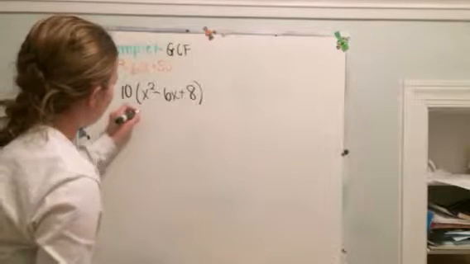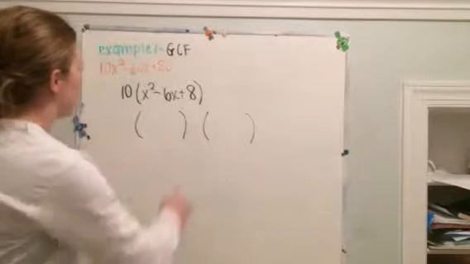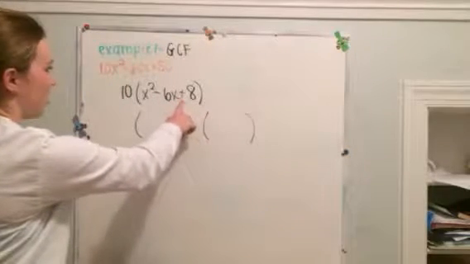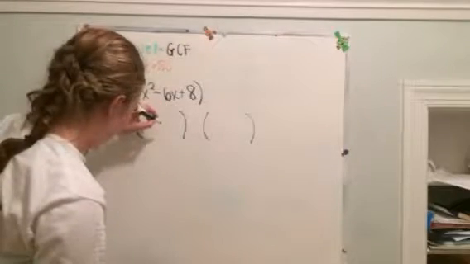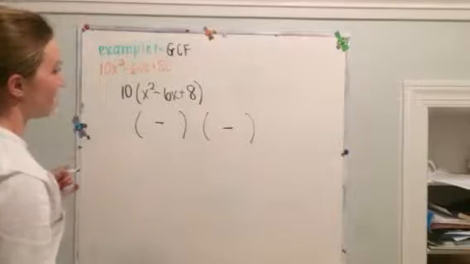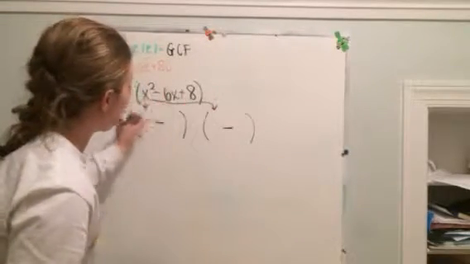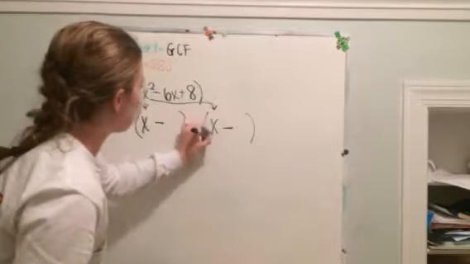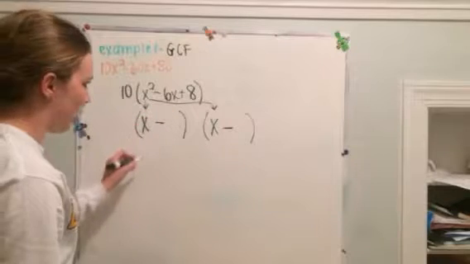We set up our parentheses, and I know that this will have to be a positive and this a negative, and a negative and a negative make a positive, so I'll put my signs and bring the x down. So x and x.